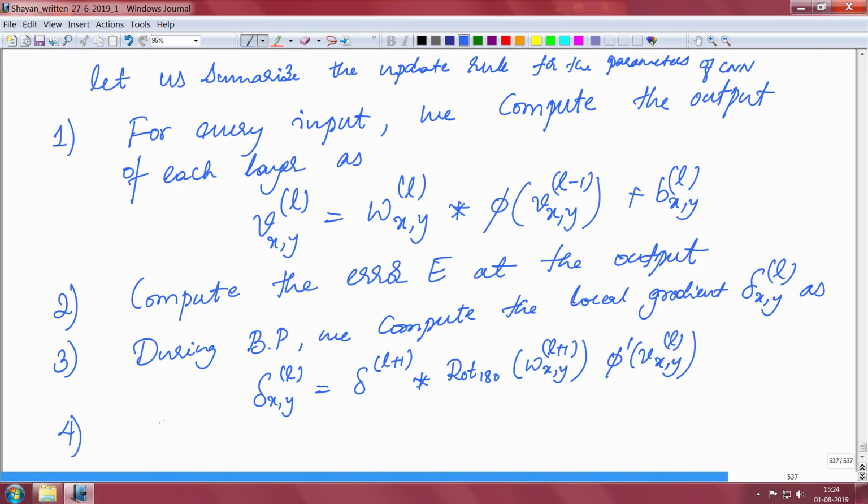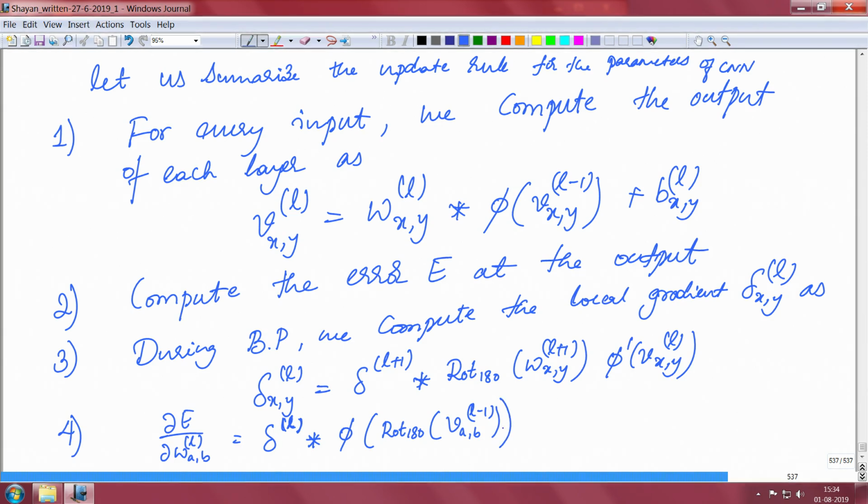And finally, we can use the gradient of error with respect to the weight parameters, which is given by the convolution between the phi of rotate 180 degree operator operating on v of a comma b at L minus 1 layer.